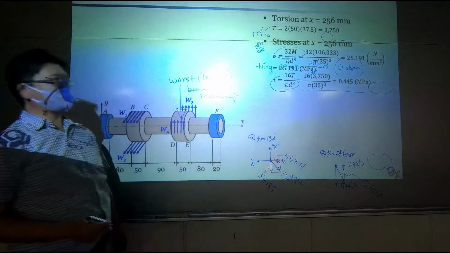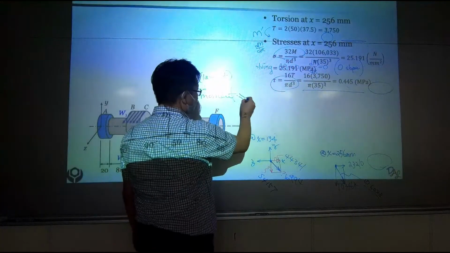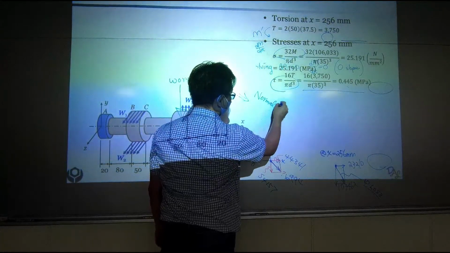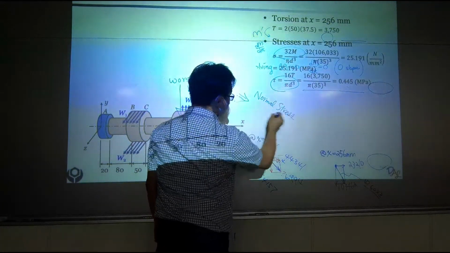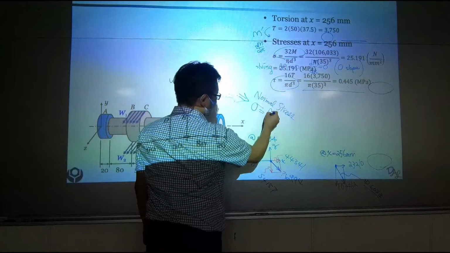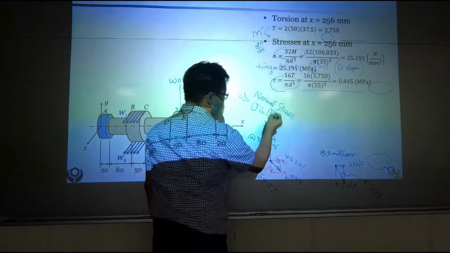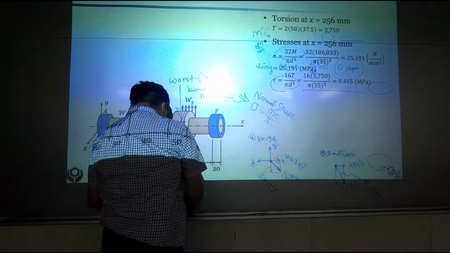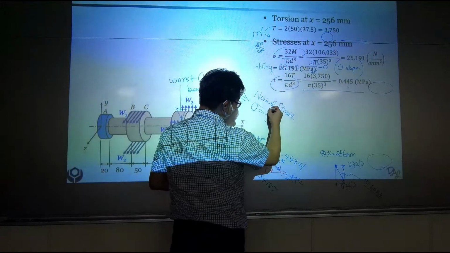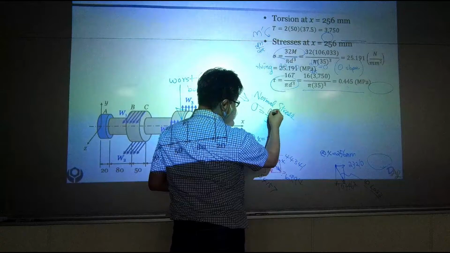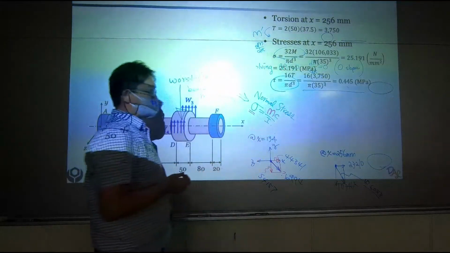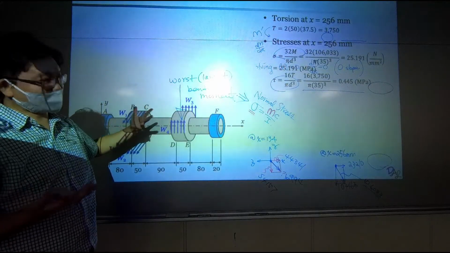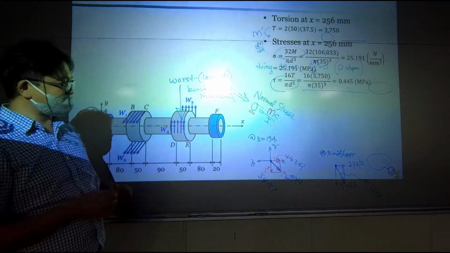Okay, if we have bending moment, it will generate normal stress. Because we know stress equals Mc over I, right? So at that point, we are having the largest normal stress. So the normal stress at that point is the largest. That's why we need to focus on that position.